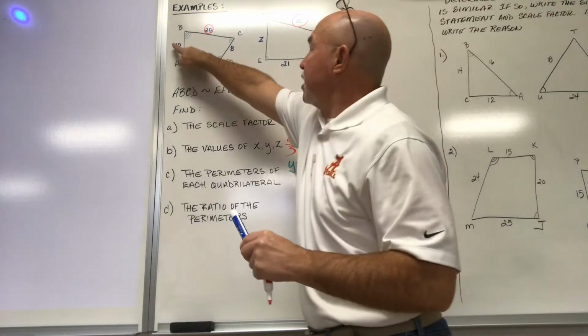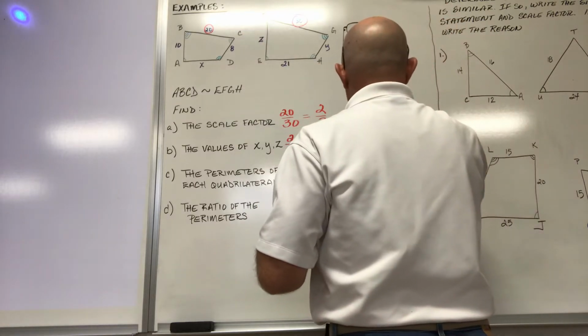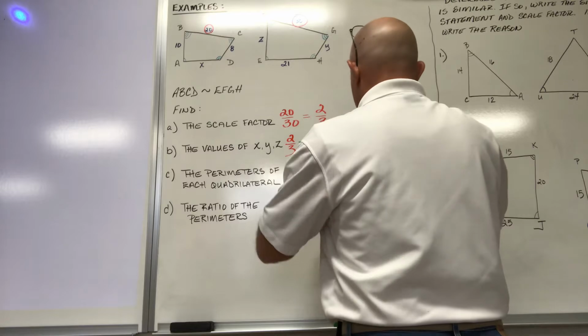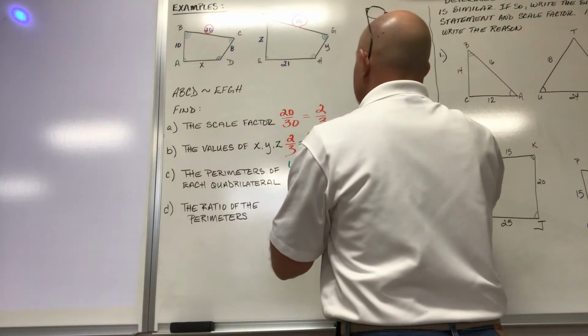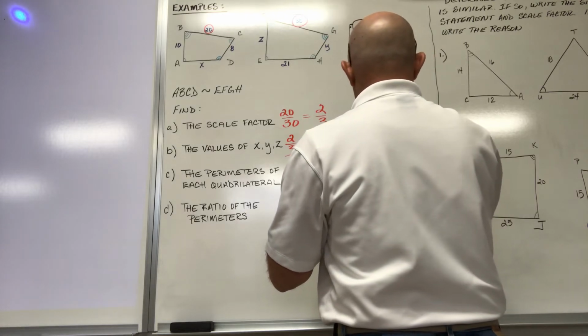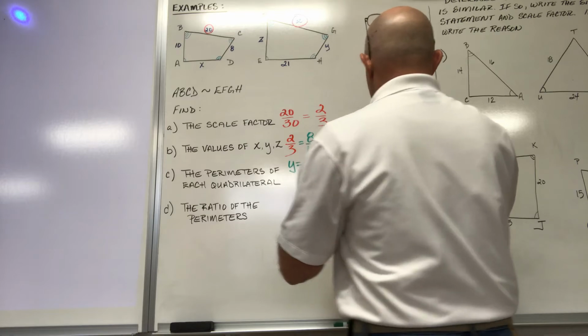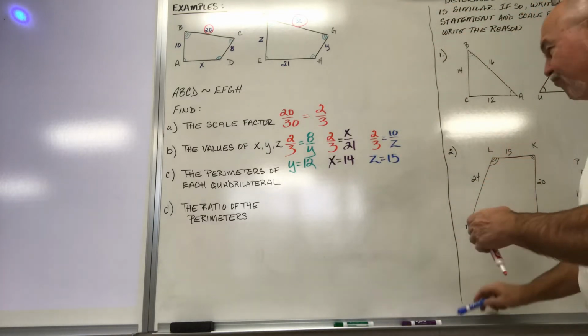And finally, 10 over z. 2z equals 30, z equals 15.